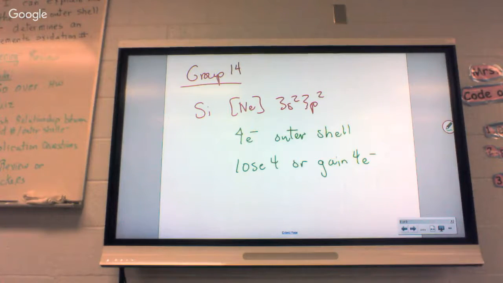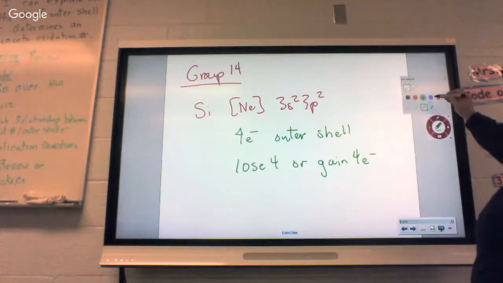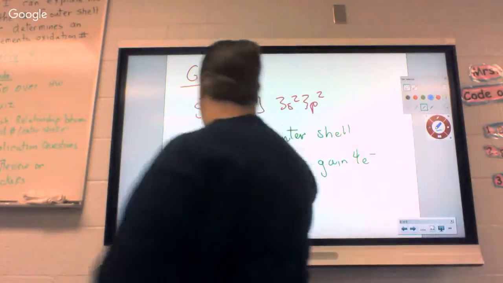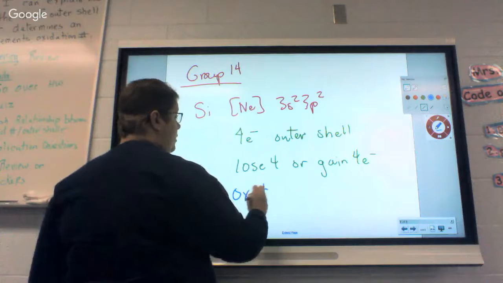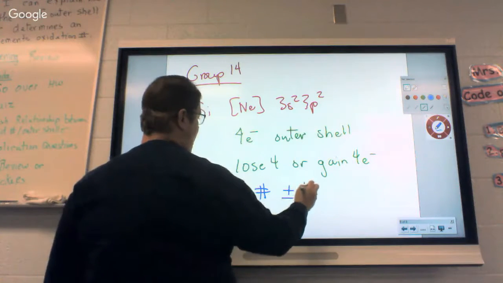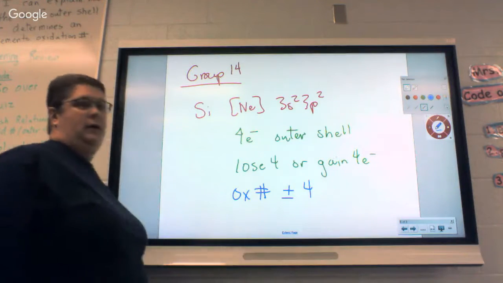Sometimes the element might choose to be the atom that gains the electrons and becomes the negative element. And sometimes it might be the element that chooses to give away the electrons and it becomes the positive element. So, given it can choose to do either, its oxidation number is positive or negative 4.